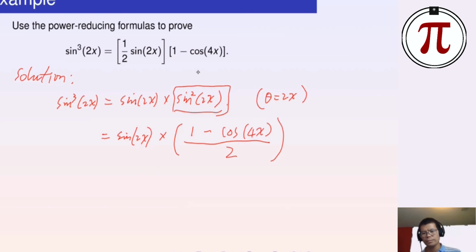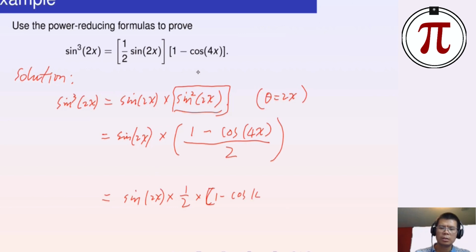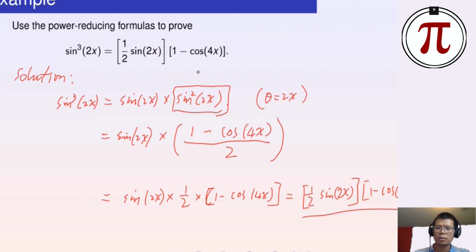Now, of course, this one equals sine 2x times 1/2 times 1 minus cosine of 4x. So this one equals 1/2 sine 2x times 1 minus cosine 4x.